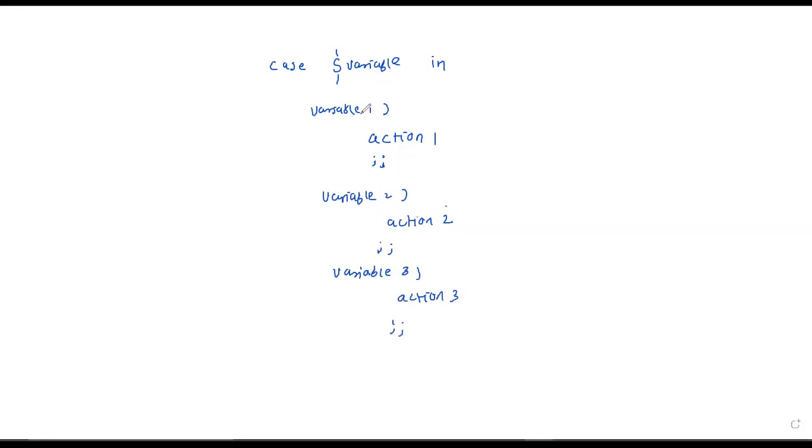So when these variables, variable 1, variable 2, variable 3, are not entered, then for any variable other than these 3 variables, we write star. And then we have default action. This action is executed when variable is not 1, variable 2, variable 3.